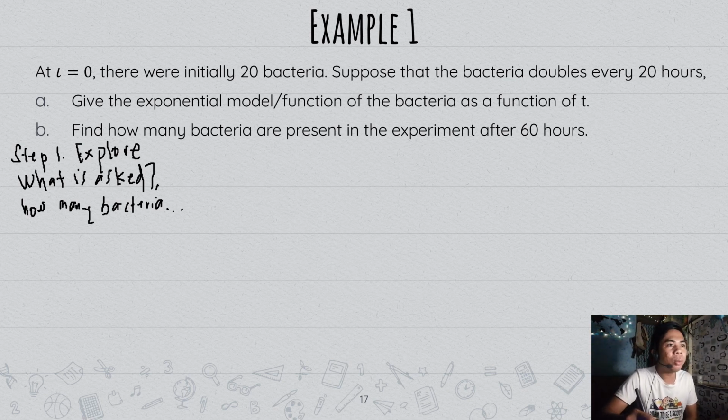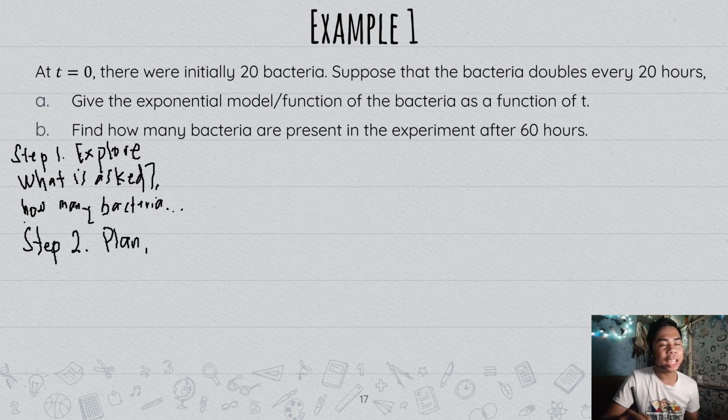Okay. So, what are the given data? Maybe we go straight to step 2. What is step 2? Okay, plan. So, we need to have a plan. Let's get all the given. At t equals 0, there were initially 20 bacteria.